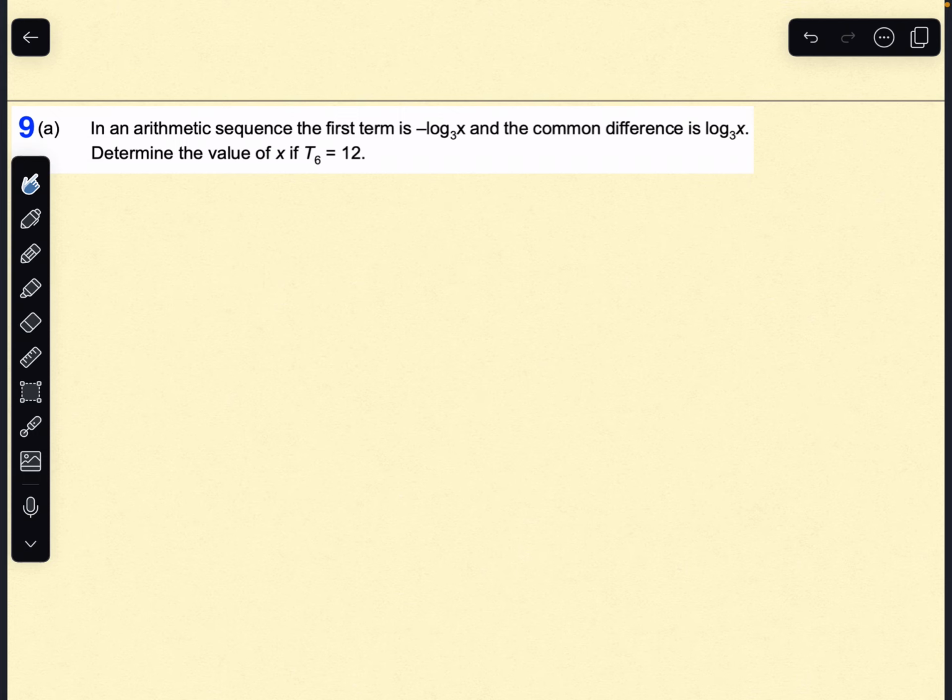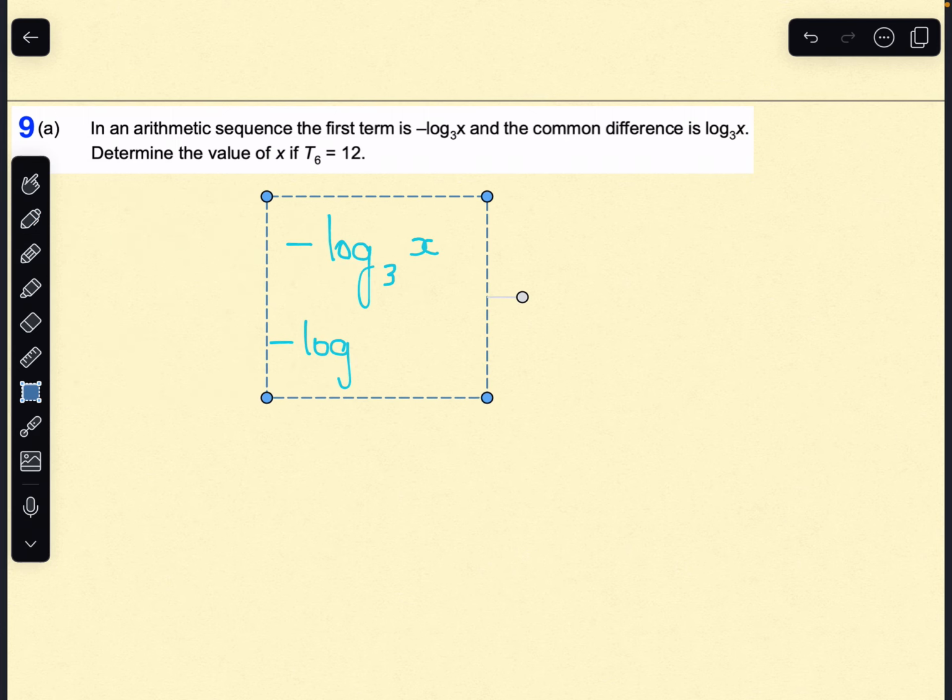Okay, so arithmetic sequence means that the information we have is that the first term is negative log base 3 of x. I should actually label what I'm doing instead of just writing random things that have no meaning.